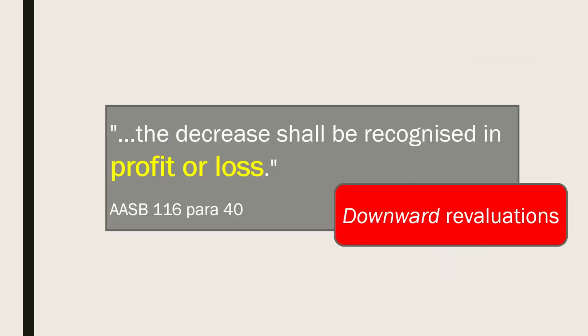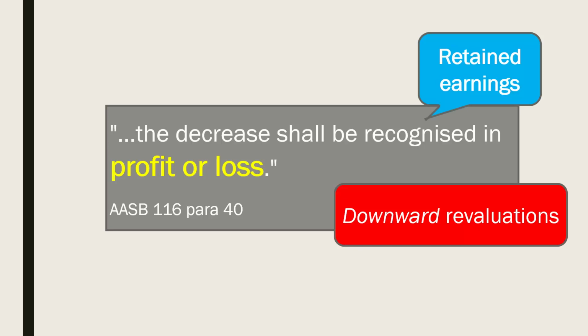Unlike upward revaluations, downward revaluations for an item of property, plant and equipment are generally included in a firm's profit and loss for a period, and then transferred to retained earnings as part of equity.